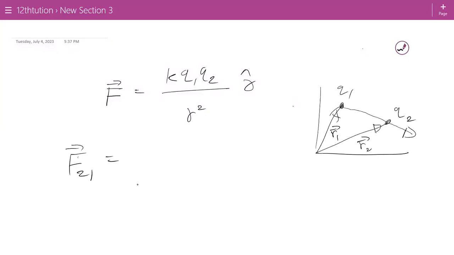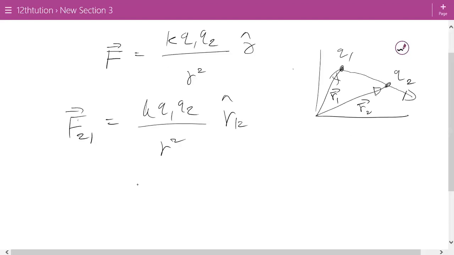Both are positive charges, so obviously it will be a repulsive force: K Q1 Q2 by R square R12 cap. R12 means the unit vector in the direction from 1 to 2. That is the force on the second charge due to the first.